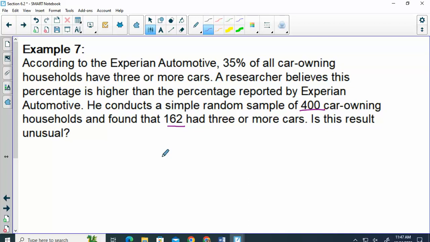How would that help me? You could plug it into the mean minus 2 standard deviations, plus 2. So we know that anything not within 2 standard deviations is considered unusual.